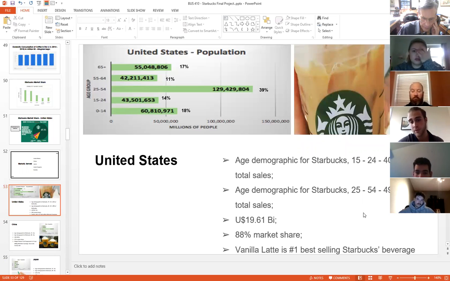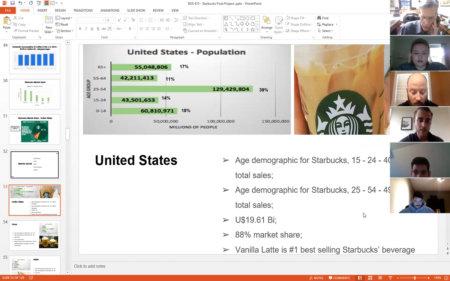It accounts for 40% of total sales in the US, and compared to the 25 to 54 age group, which accounts for 40% of the US total population, it accounts for 49% of total sales. So just remember that the age group of 15 to 24 consumes a disproportionate amount of coffee.